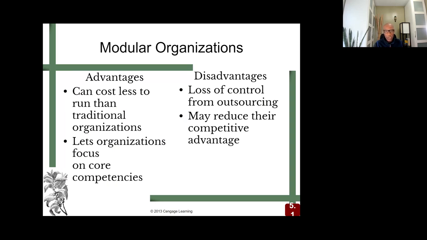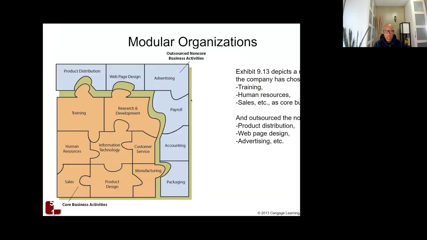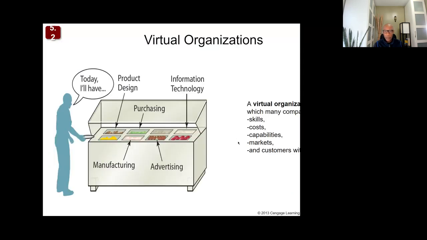You can take a look at some of those. Cost-wise, it might be better because you're doing things that reduce cost, but you might lose some control because you're outsourcing some of the things, right? The same thing with the virtual organization. Certain things that you get in terms of skills, capabilities, all those things are more adequately aligned.